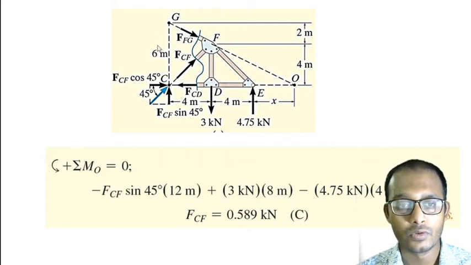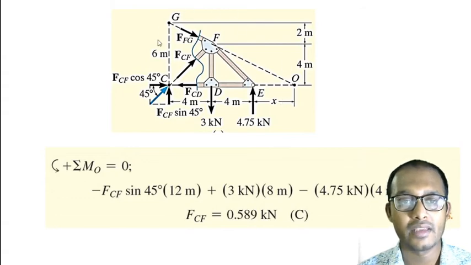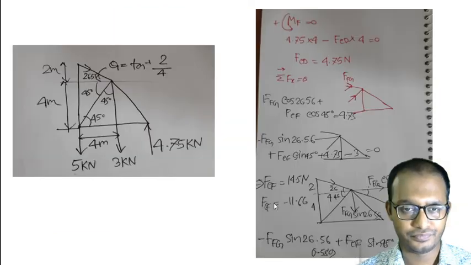So we can write 6 over 4 equals 8 plus x over 4 plus x. If we solve these equations, you will get the unknown x by applying similar triangle rules. And how we have taken the moment, I have just explained. So this is how it is.